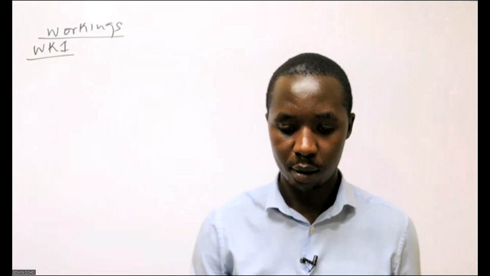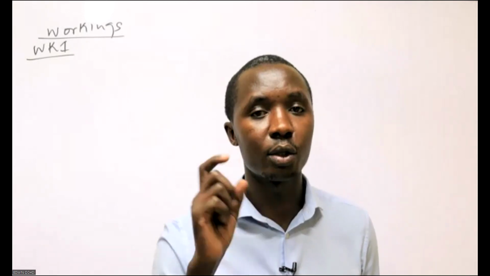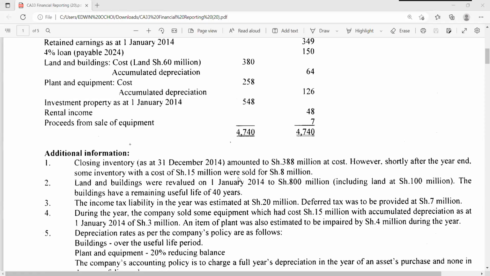So they have said that there's a cost, then we need to check for net realizable value because they did a disposal. So they have provided us with a cost of 388. However, shortly after the year end, some inventory which cost 15 was sold at 8.